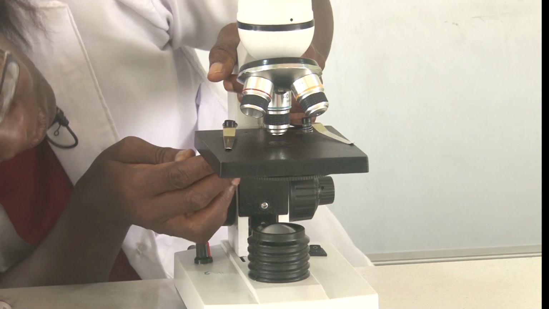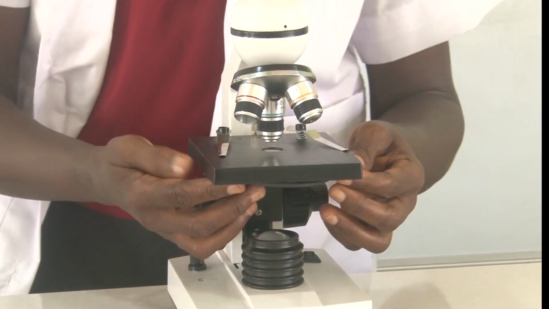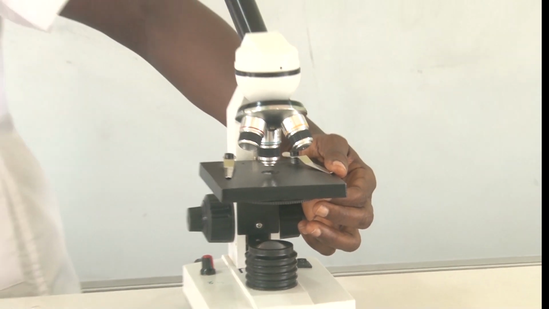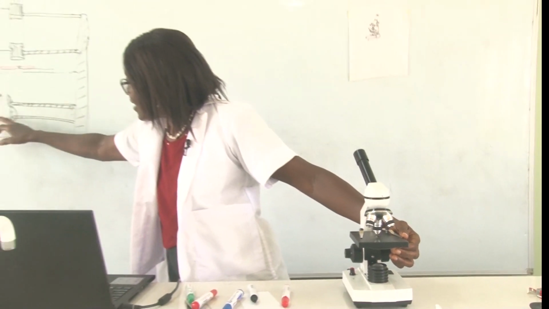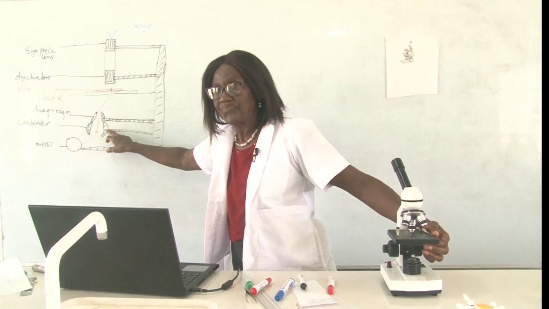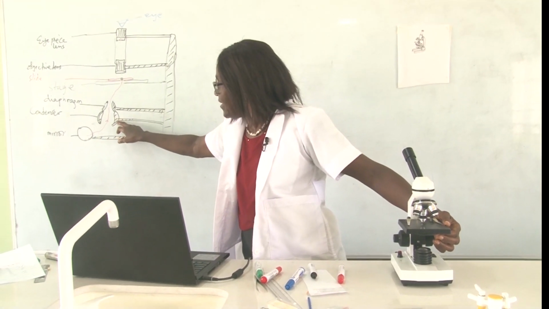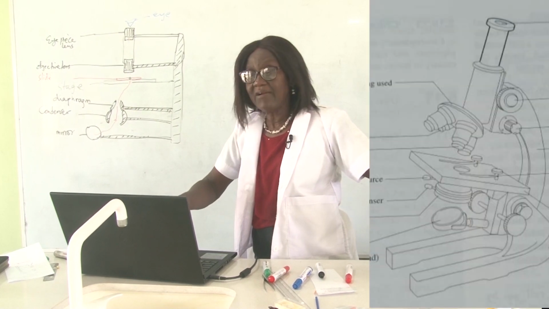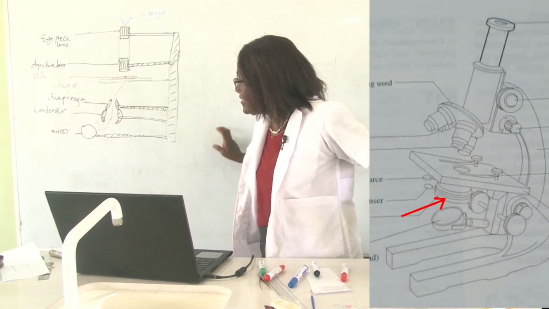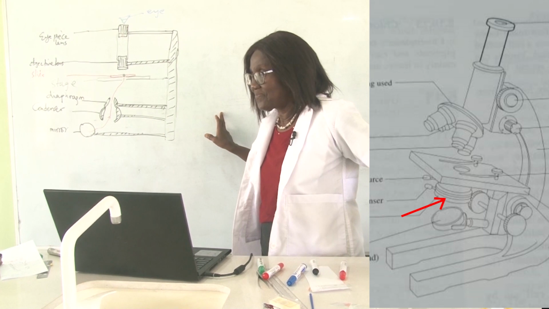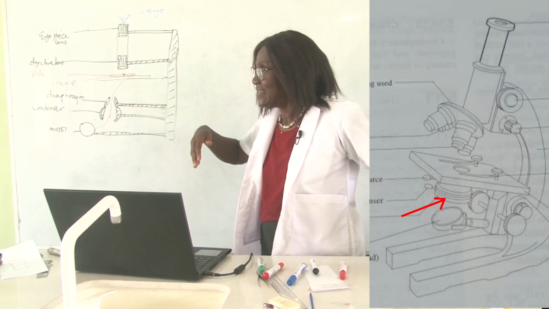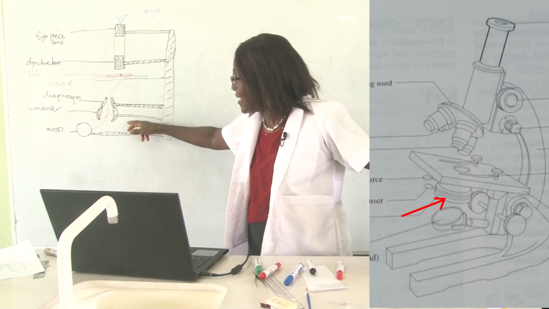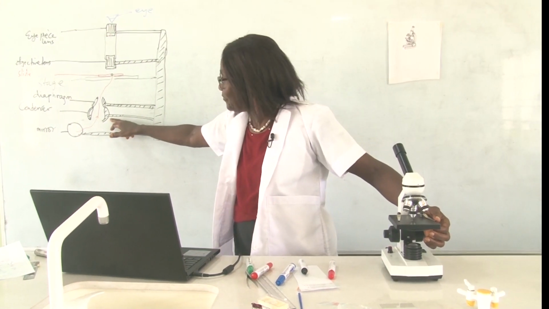Now, this just directs light. And then we talked about the condenser. Light from the mirror comes into the condenser. The diagram in your shot there has a condenser. That was the older types of microscopes. But this one has the condenser built in.